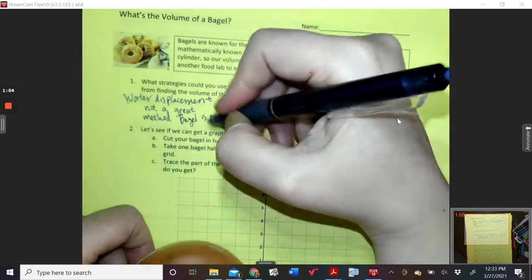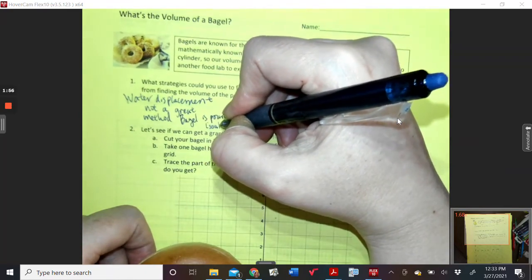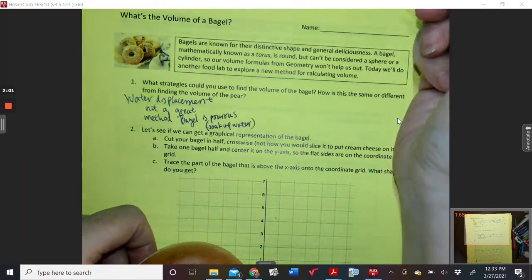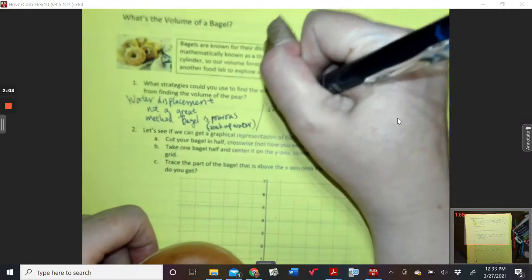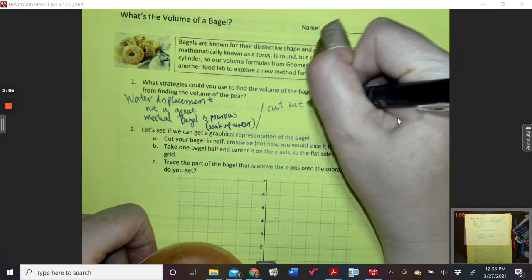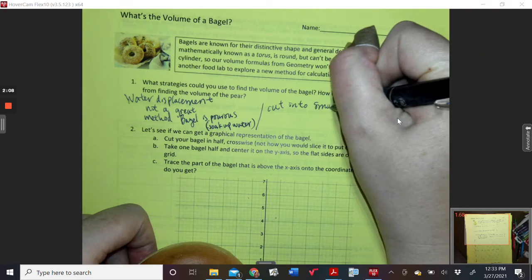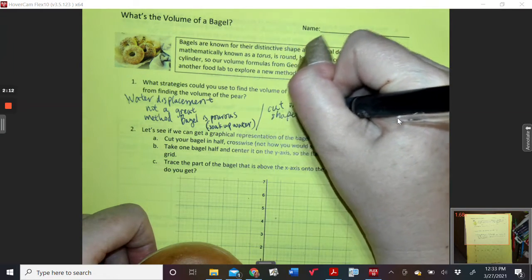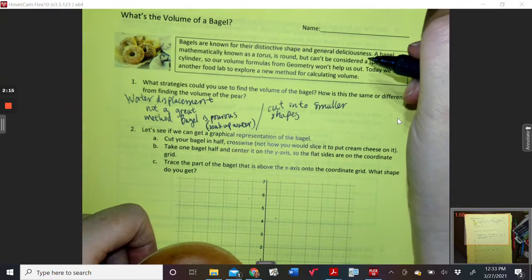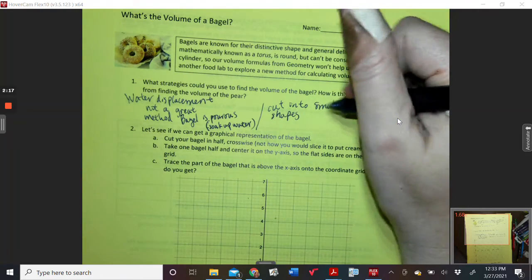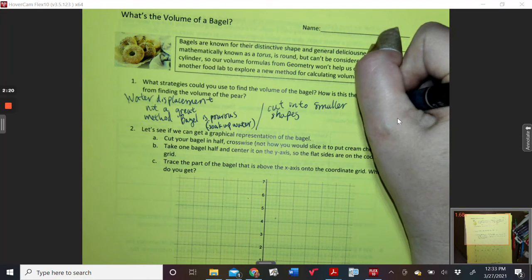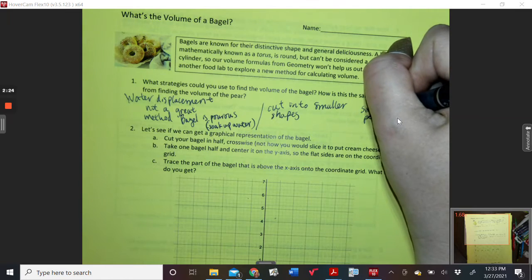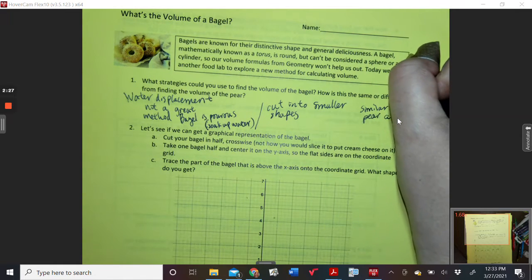Porous, meaning that it'll soak up the water, whereas the pear will not soak up water. Or I could cut into... okay. So it's similar to the pear, as circles seem to be involved.